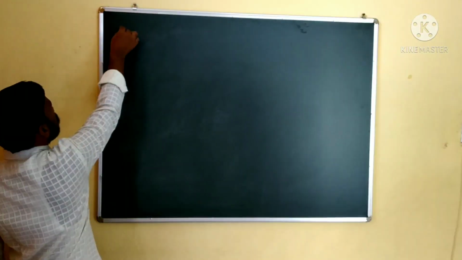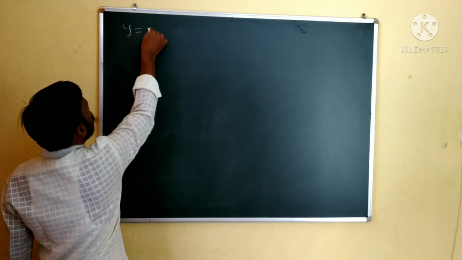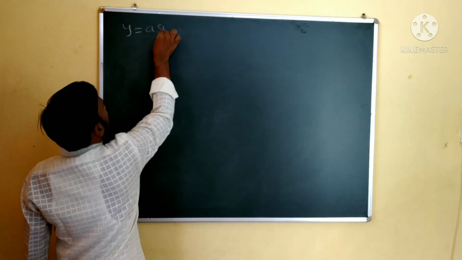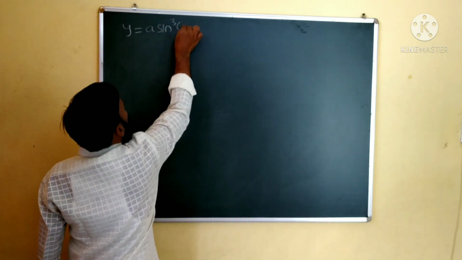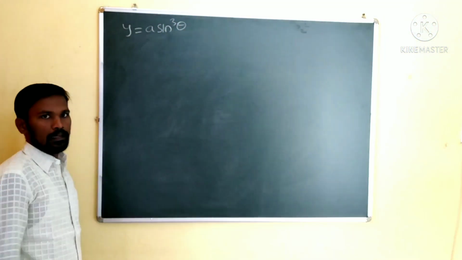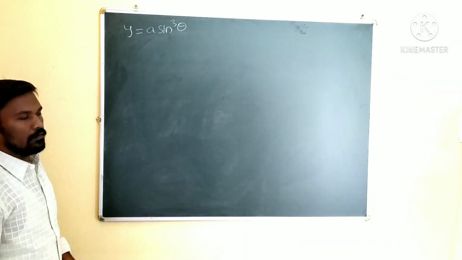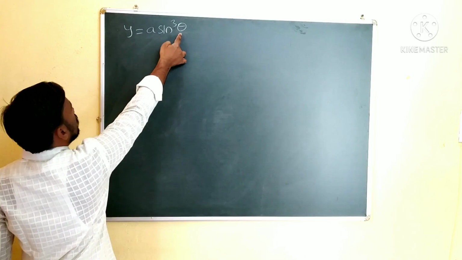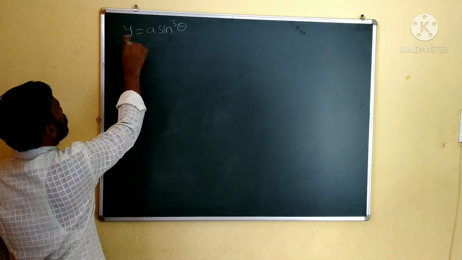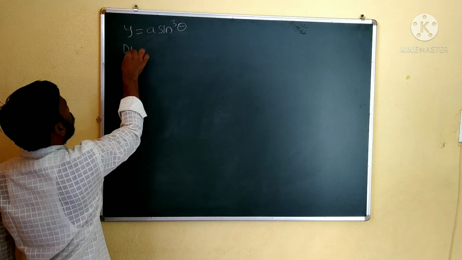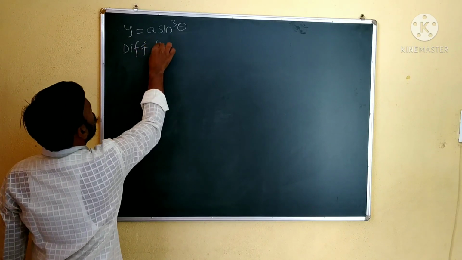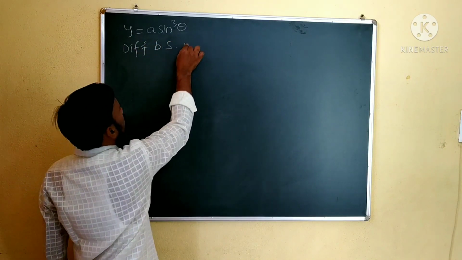That is y is equal to a into sin cube theta. So this is the second parametric equation. Now find out the dy by d theta value. Theta is a parameter, so that's why differentiating both sides with respect to theta.